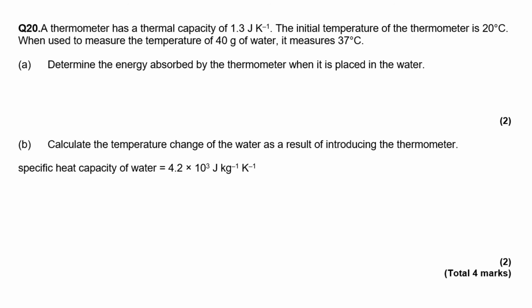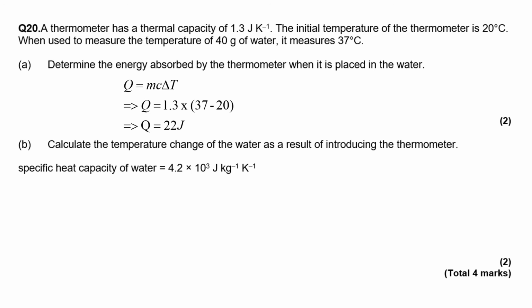So we want the energy absorbed by the thermometer when it's placed in the water. So we're going to assume they reach thermal equilibrium and the thermometer becomes 37. So like I said, thermal capacity is basically mc. So we just need to multiply that by the temperature change of 17, gives us a Q of 22 joules.